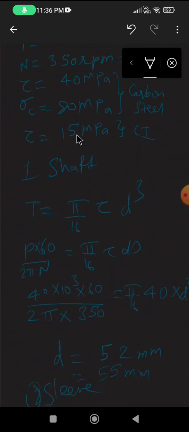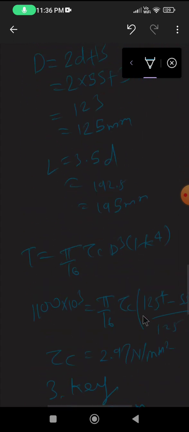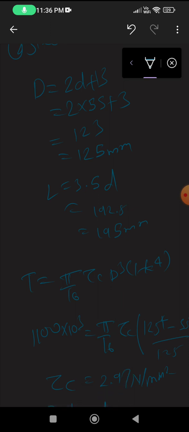Here the allowable shear stress was 15 megapascal, and we have got near 3 megapascal. This Newton per mm square we can also call megapascal. Therefore this stress is very much lower than the allowable shear stress, and therefore this is a safe design.